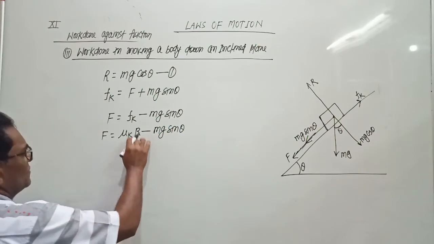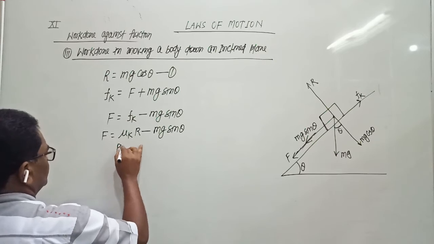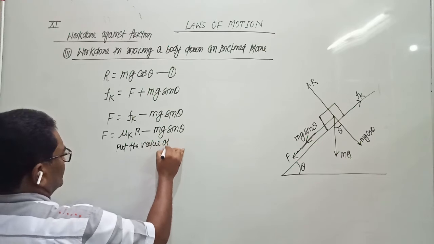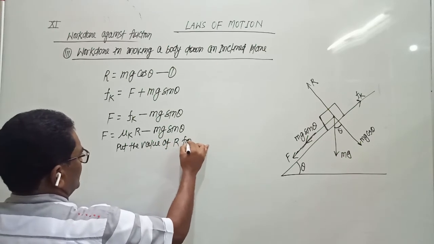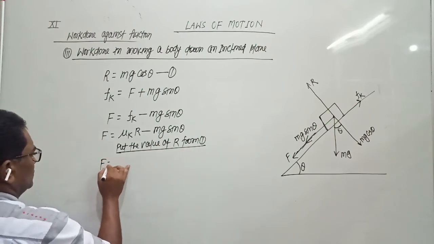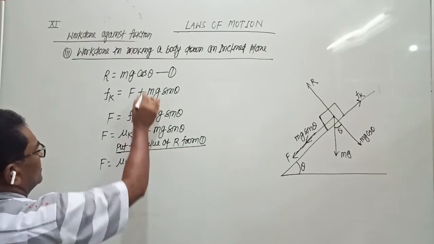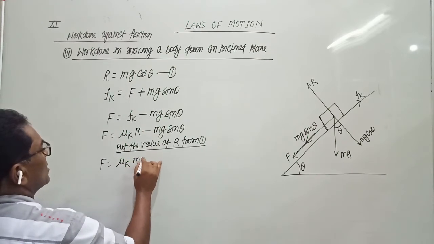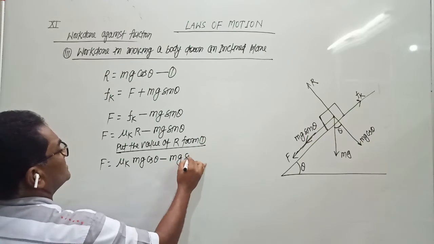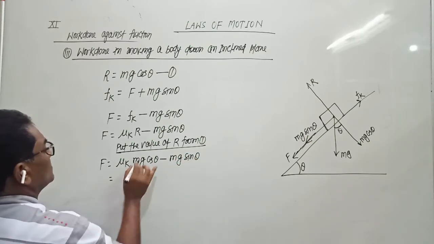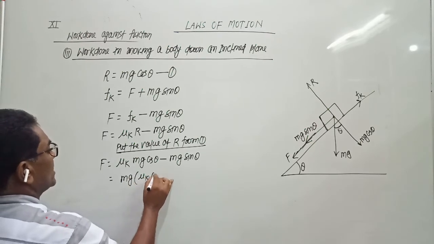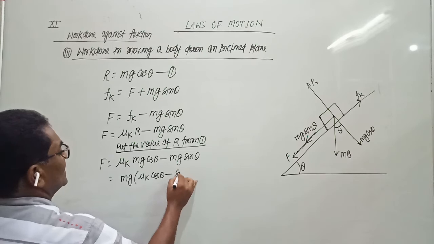Now put the value of R from the first equation. So F equals mu k into the value of R, which is mg cos theta, minus mg sin theta. From these two expressions, mg is common, so we get mg times mu k cos theta minus sin theta.